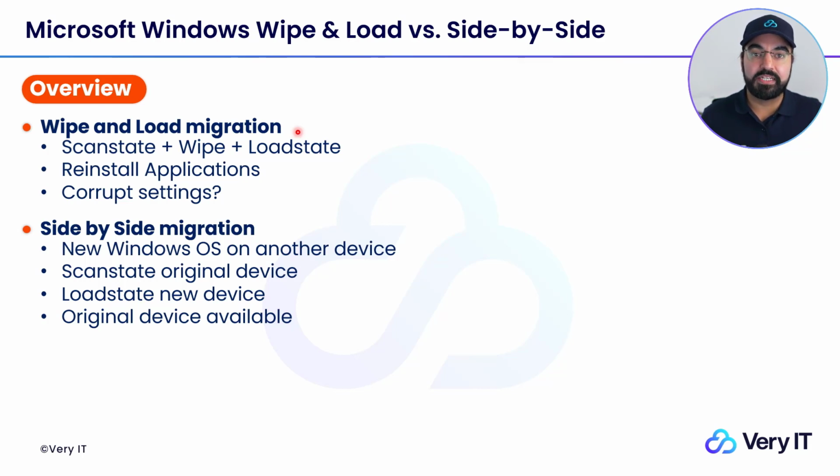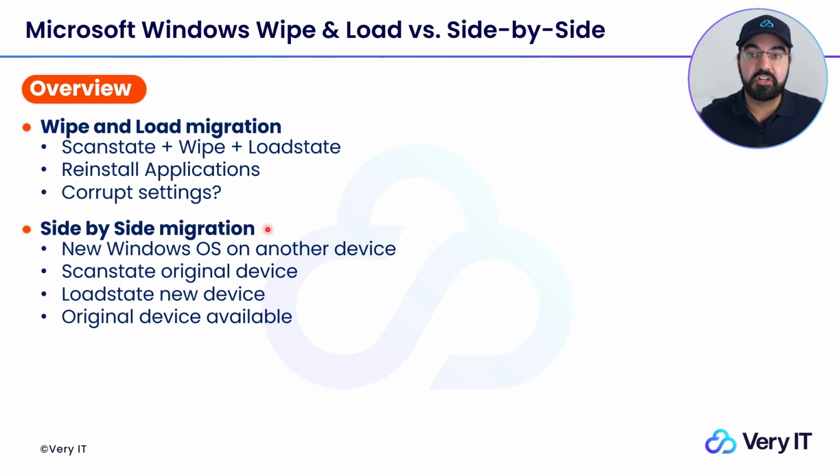You will then wipe it and then use LoadState to essentially deploy the new image. That being said, the applications may not necessarily pull over, so you may need to manually install them going forward. It does carry over all files, including your corrupt files, so that may unintentionally affect the installation or migration when you are loading up your new operating system.